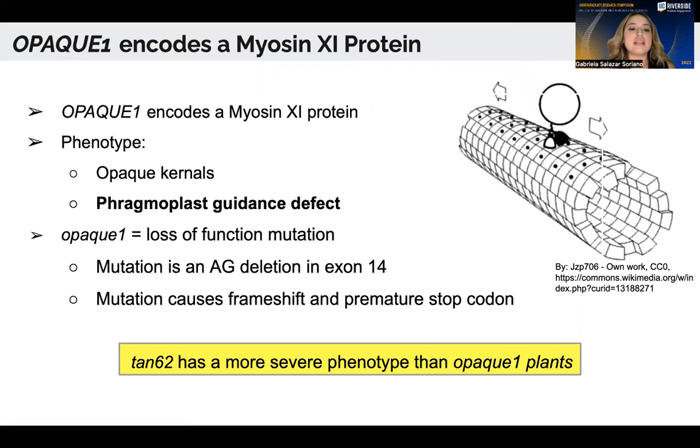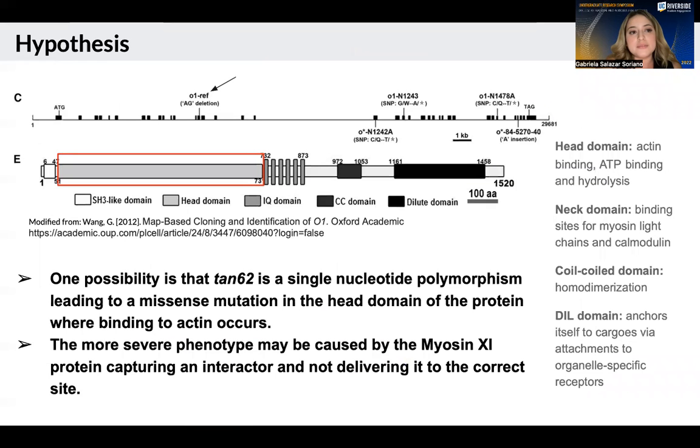And this mutation is an adenine guanine deletion in exon 14, and it causes a frame shift and a premature stop codon. And so since Tangled 62 and opaque are so similar in phenotypes, the reason that I'm interested in learning more about the Tangled 62 mutation is because it has a more severe phenotype than the opaque 1 plants.